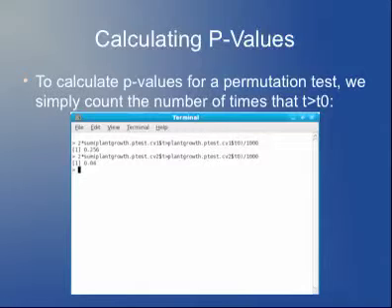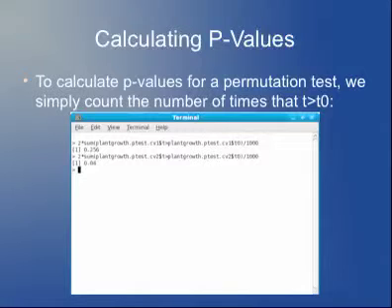the bootstrap test statistic. So what this R code is saying is count the number of times that the bootstrap test statistic, in this case the permutation test statistic, is greater than the mean differences for the unpermuted data, divide by 1,000, then multiply by 2, so we want a two-sided test.